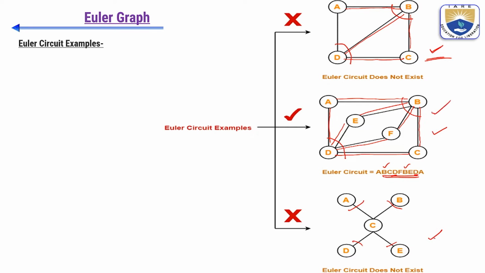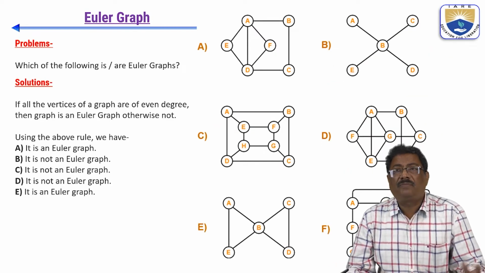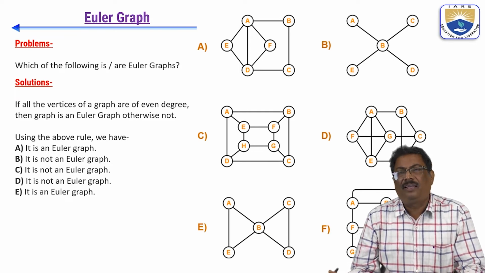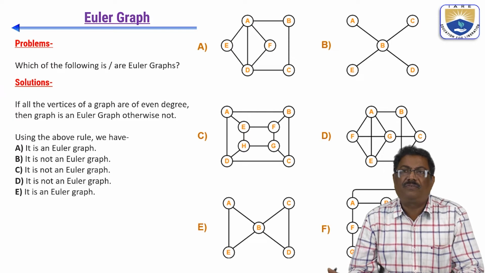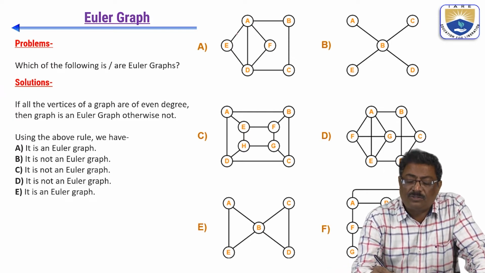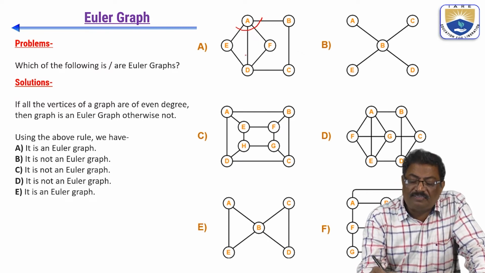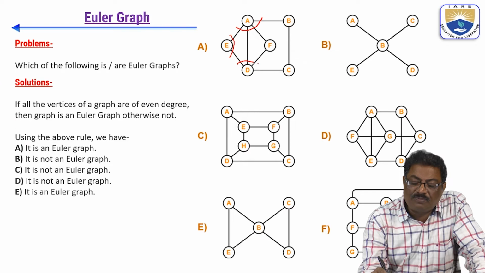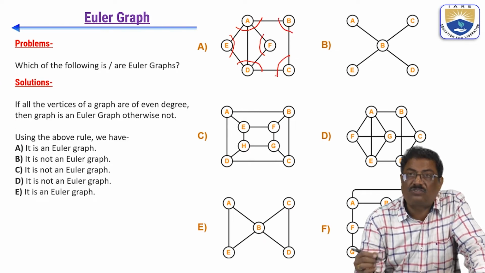And next, this does not have an Euler circuit, so it is not an Euler's graph. In some examples, just by observing the degree of each and every vertex, you can say whether it is an Euler graph or not. For the first example, the vertex degrees are 4, 2, 4, 2, 2, 2.